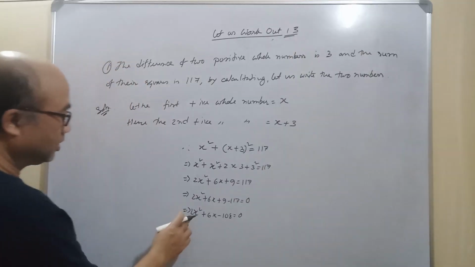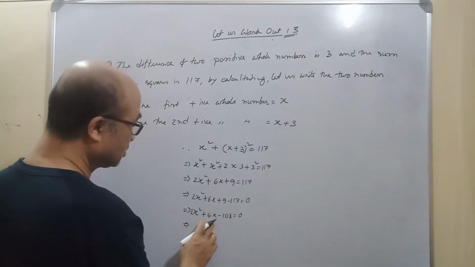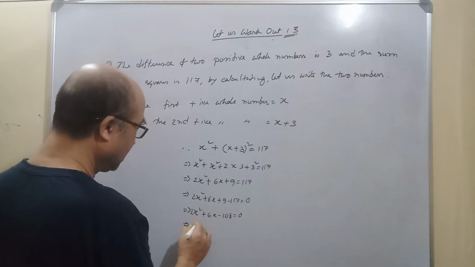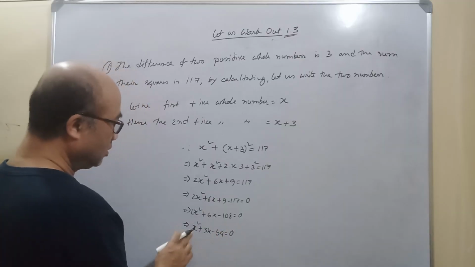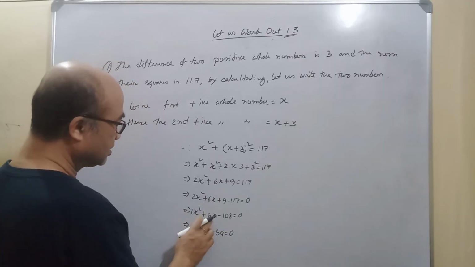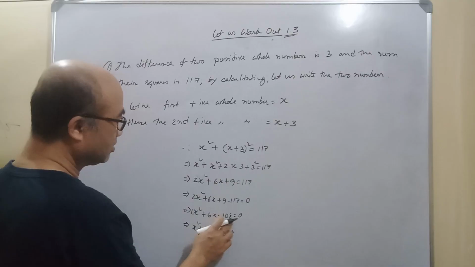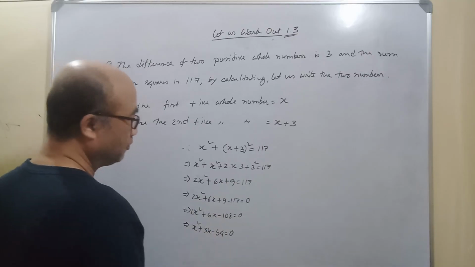Dividing the whole equation by 2, because 2 is common here, we get x square plus 3x minus 54 equal to 0. 2 by 2 is x square, 6 by 2 is 3x, 108 by 2 is 54.